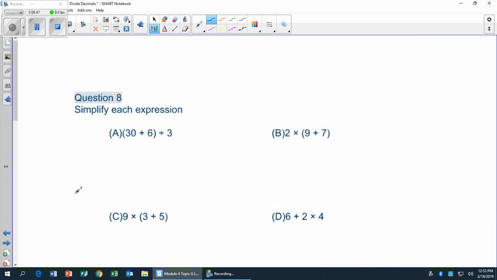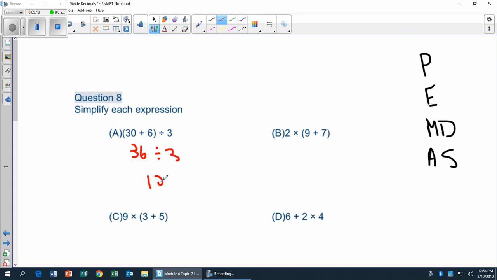Next question. We just simplify each expression, so we know that we're using PEMDAS, and we should always have that on the side to help us. So here we're going to use what's in parentheses first, and we have 36 divided by 3, and we end up with 12.